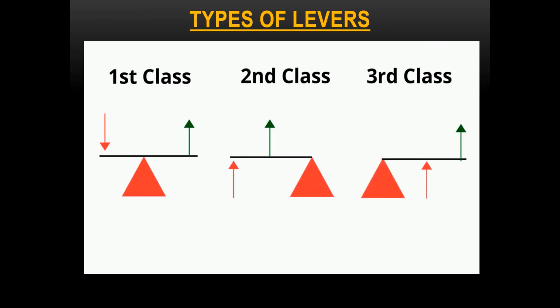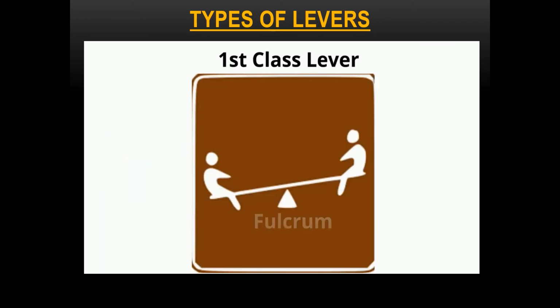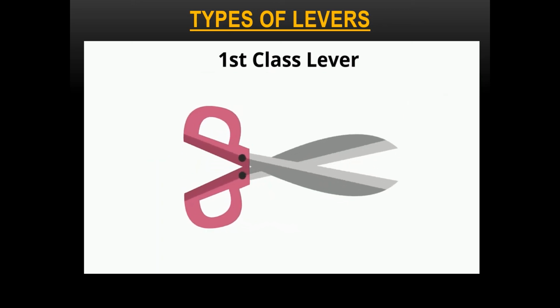With a first class lever, the fulcrum is in the middle, and the force is on one side and the load is on the opposite side, much like this seesaw. Other examples include scissors. Here's the force, here's the fulcrum, and the load, and also pliers.